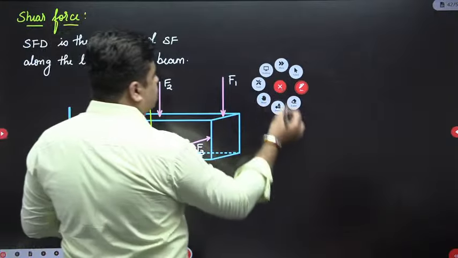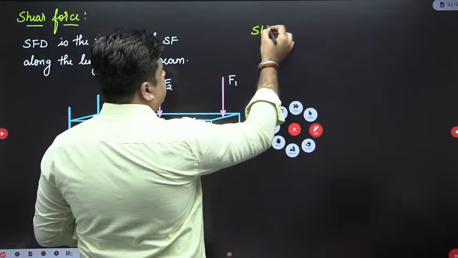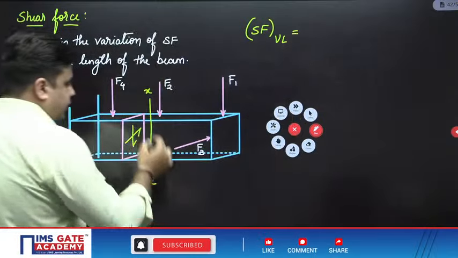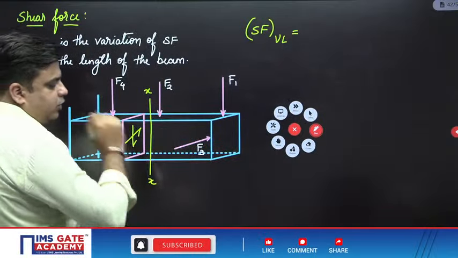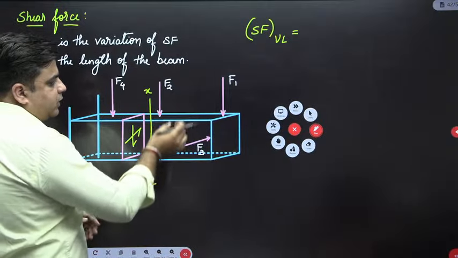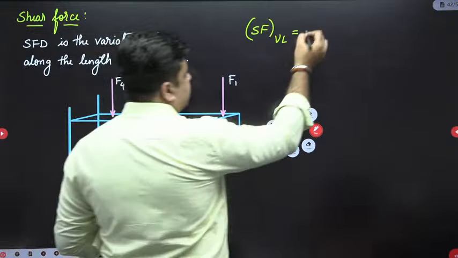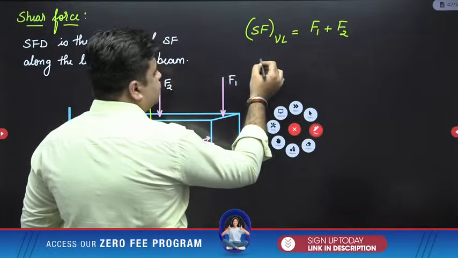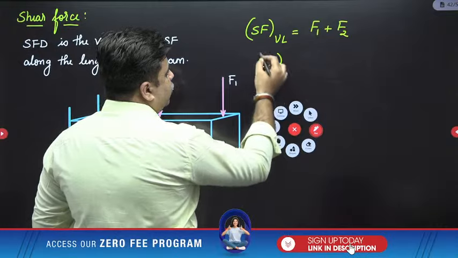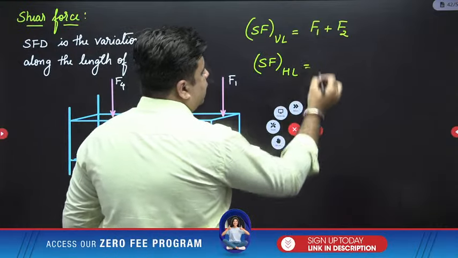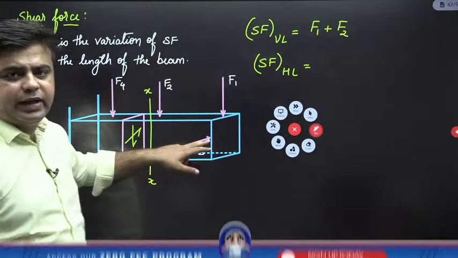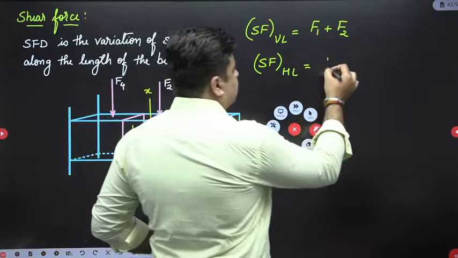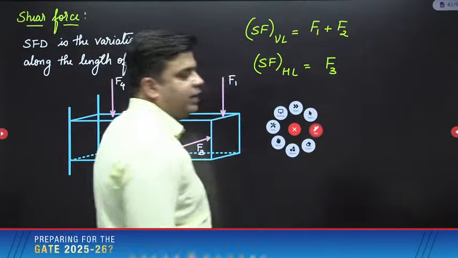So first of all, shear force over this section XX due to vertical loading: on the right of the section, I will take downward load as positive, so I will write this as F1 plus F2. Similarly, for shear force due to horizontal loading, only one horizontal load is acting, that is F3, so shear force due to horizontal loading is F3.